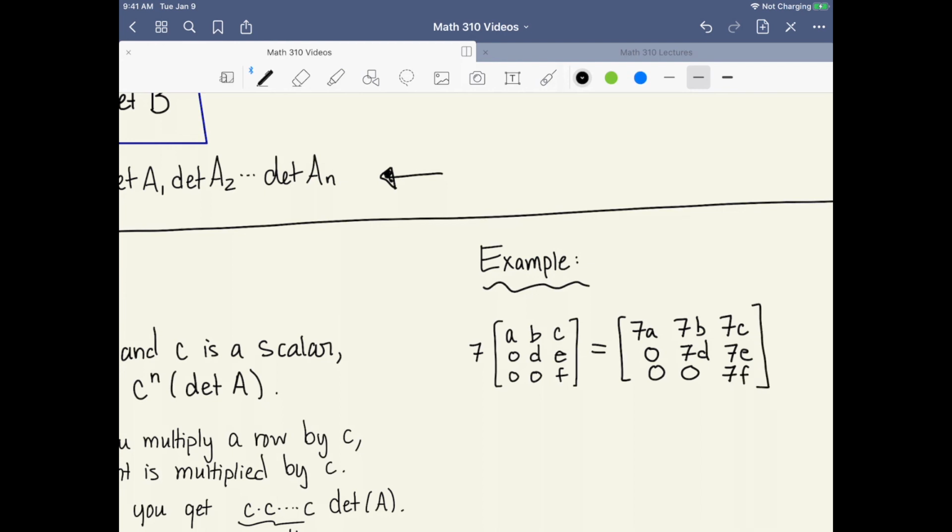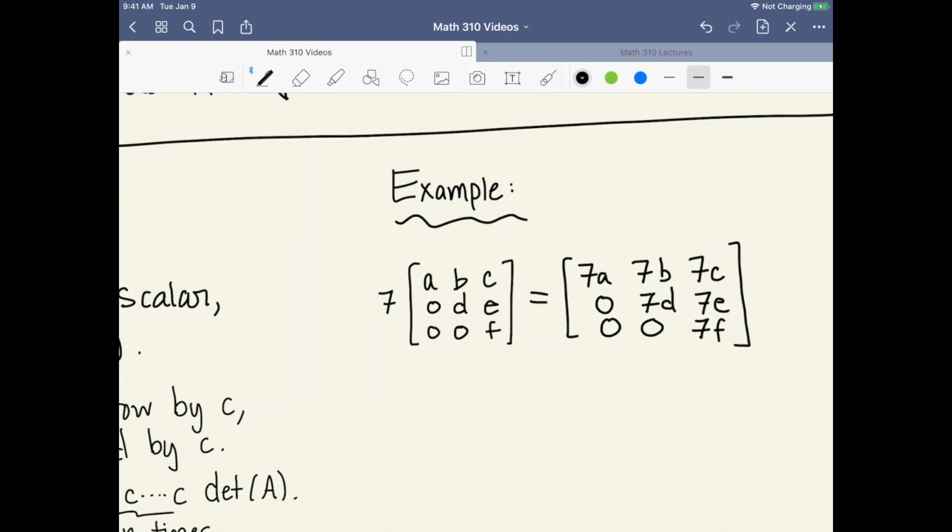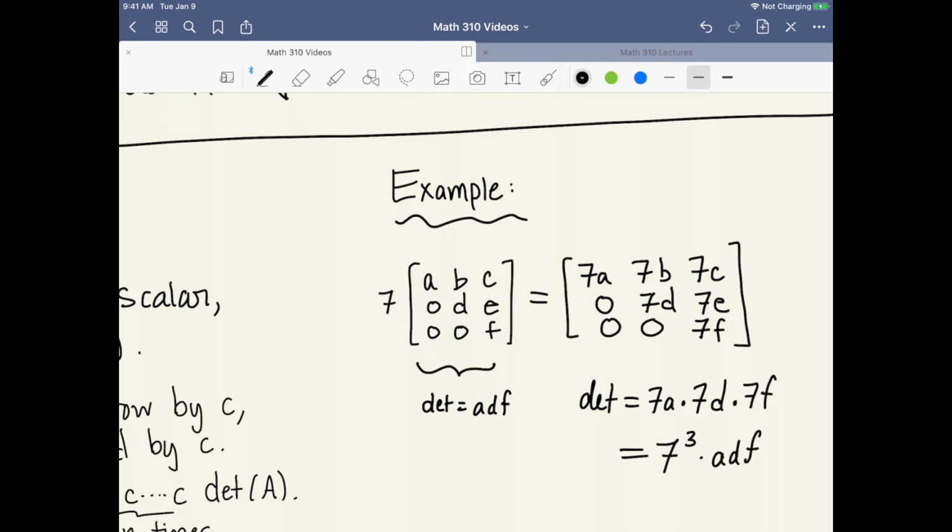And now we go to calculate the determinant of this matrix. So the determinant of the original matrix that we start with, by the way, is A, D, F. But 7 times this matrix has determinant 7A times 7D times 7F. And if you consolidate your 7s, you see that this is 7 cubed times ADF.